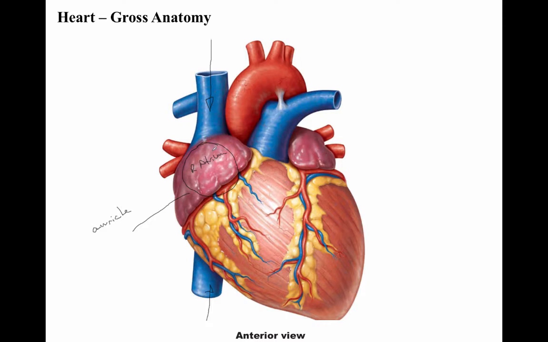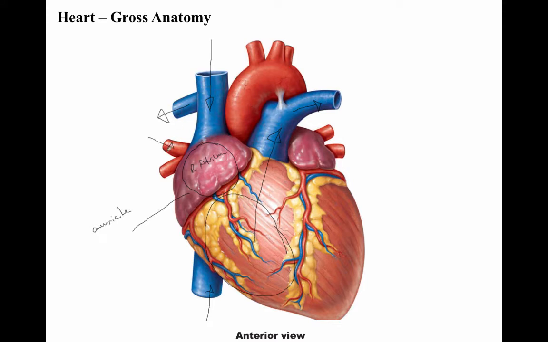When our blood flow has come in deoxygenated from the body, we're going to see that go into this right ventricle and then get pushed out through the pulmonary semilunar valve into the pulmonary branch, then out through the pulmonary arteries to then go to the lungs for oxygenation.